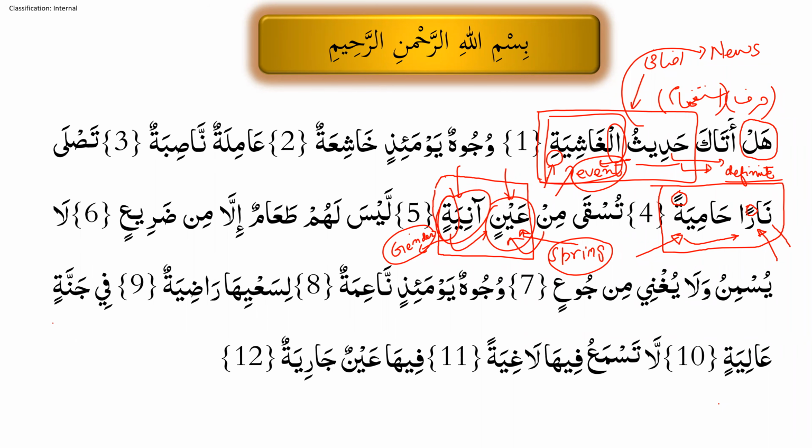Assalamu alaikum warahmatullahi wabarakatuh. Walaikum salam. Okay, tell me in the ayah number 10, Jannatin aliyatin. It is which murakkab? It's Murakkabe Tawsifiyun, sir. Okay, so why is Jannatin majroor?